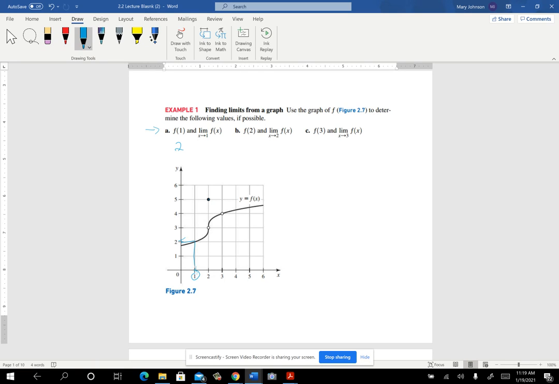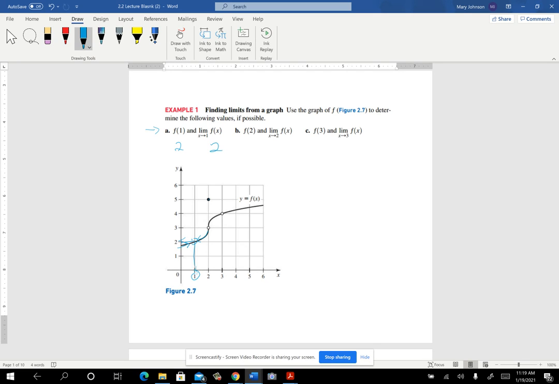Now, to do the limit of the function as x approaches 1, you have to get near 1, come from the right or from the left, and you can see you're approaching 2. So the value of the function at 1 and the limit of the function at 1 are the same.